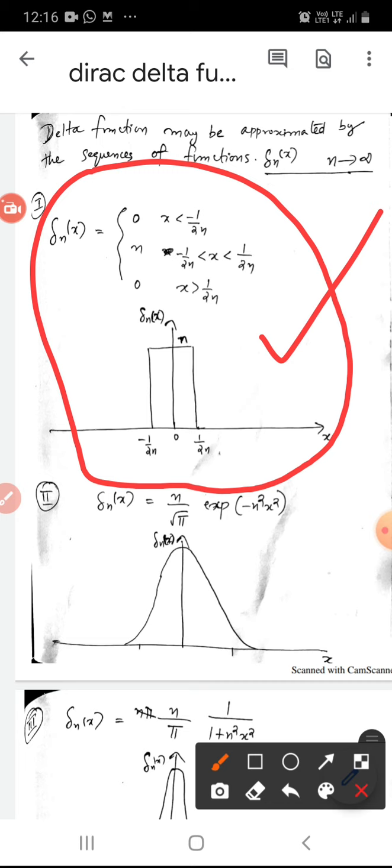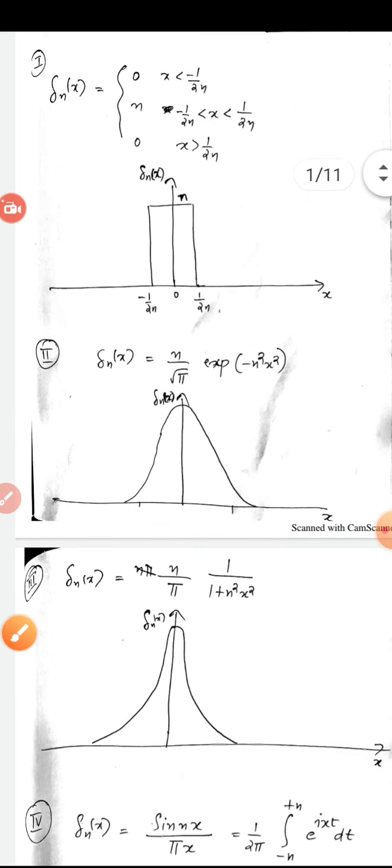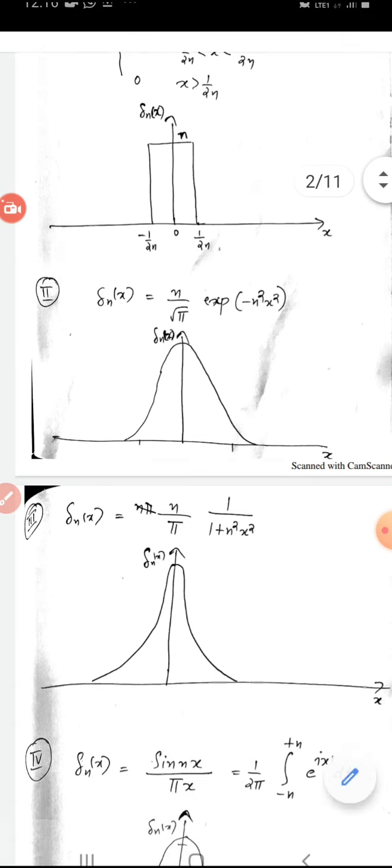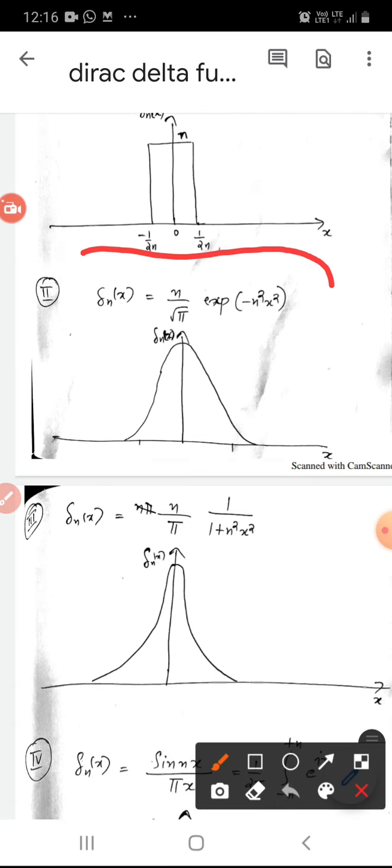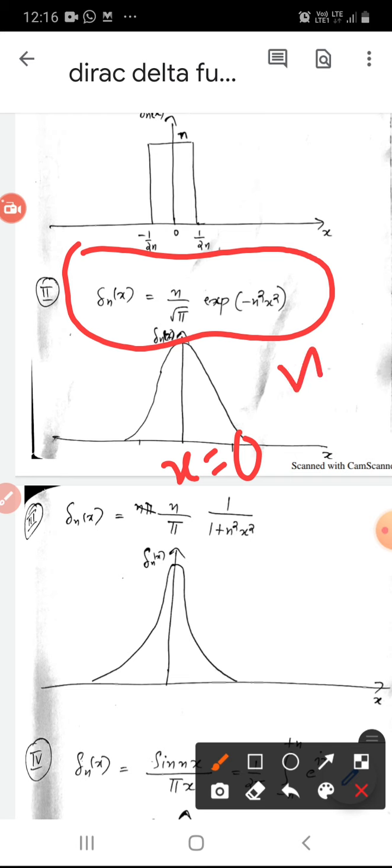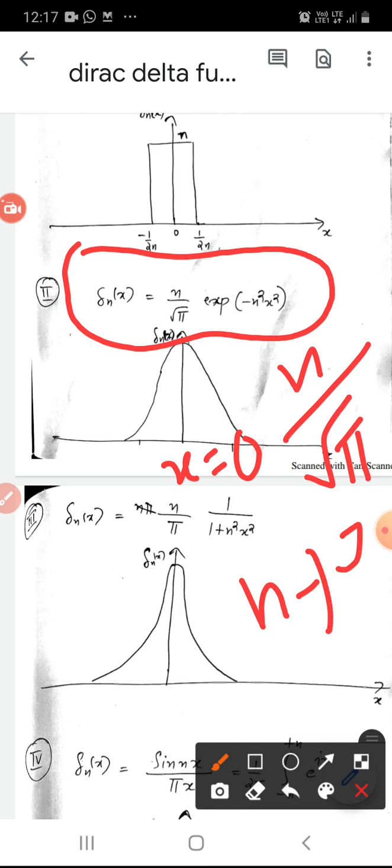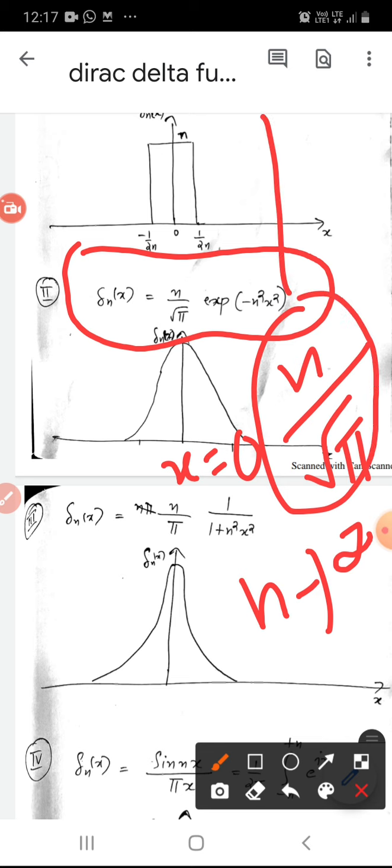So this is clearly an approximation of the Dirac delta function. The second one is delta nx equal to n over root pi times exponential of minus n square x square. Mathematically, when x equal to 0, its value is n over root pi, and as n tends to infinity, this will become infinite.